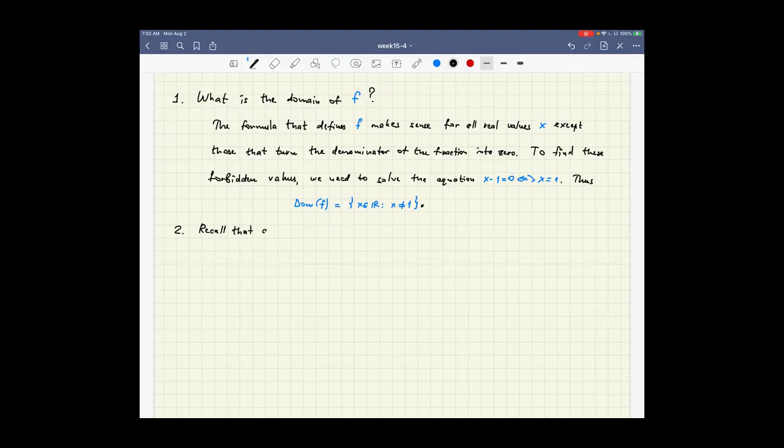Recall that a rational function has a vertical asymptote for each root of the denominator which is not a root of the numerator.